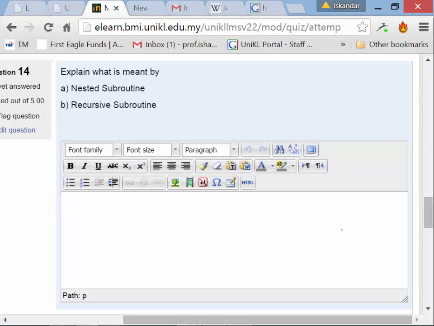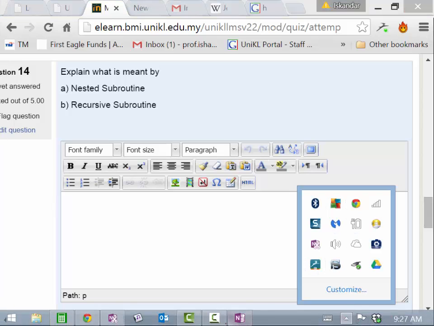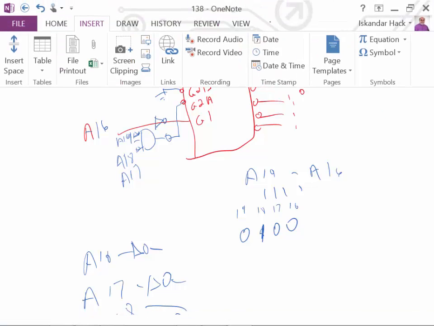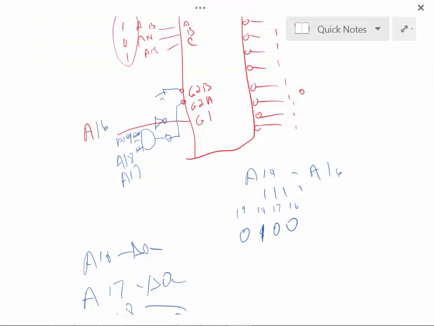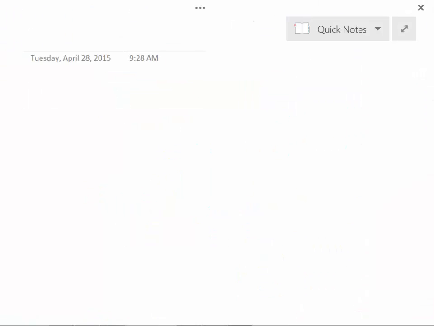To give an example, since I haven't talked about it, let me just give one real quick. 5 factorial equals 5 times 4 times 3 times 2 times 1, right?